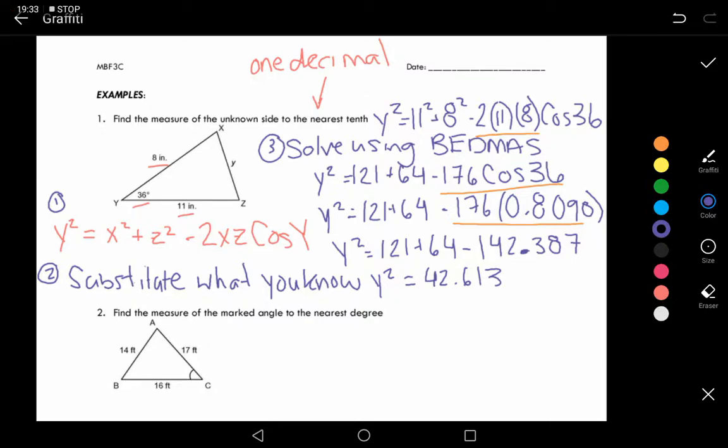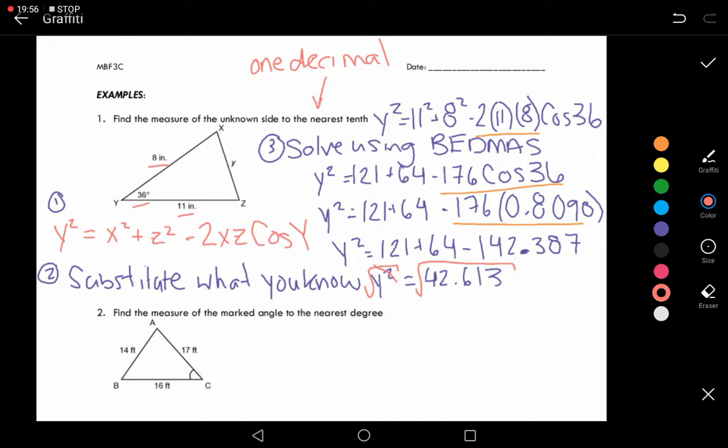Okay, so now we know what y squared equals, but I don't really care about that, right? What I do care about is what y equals. So just like we have in the past, to solve equations, we need to use opposite operations. For this one, we have y squared, so the opposite of squaring something is to take the square root. That means these will cancel. What we do to one side, we have to do to the other.